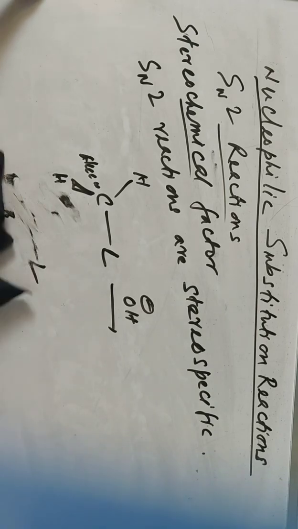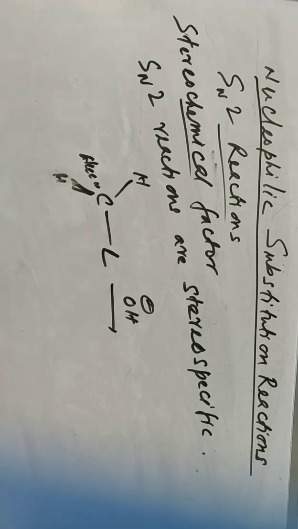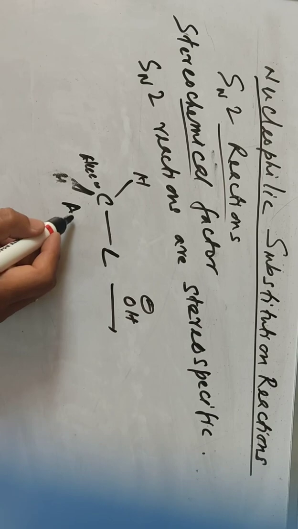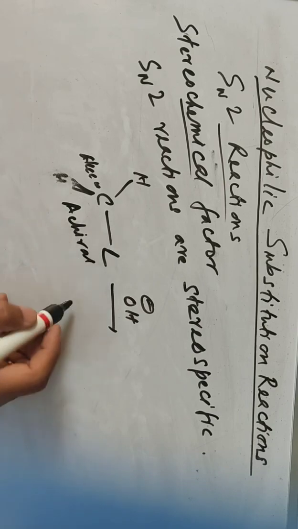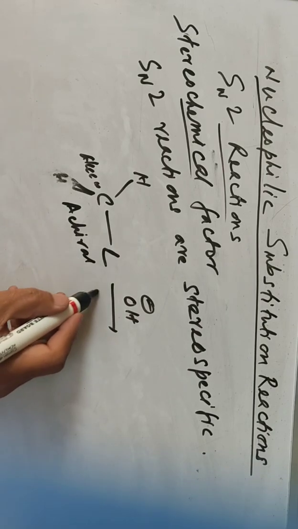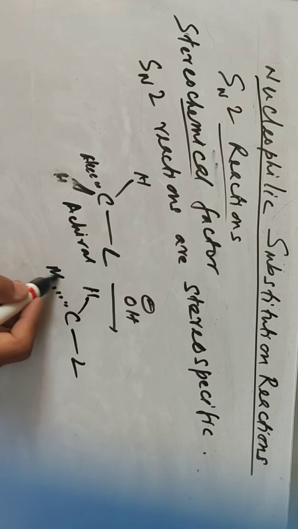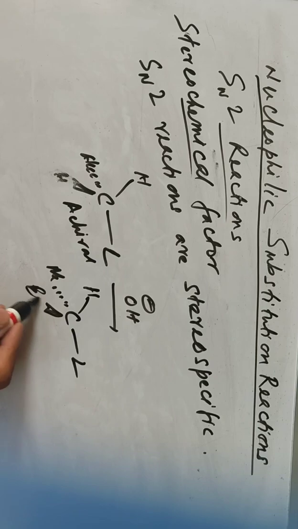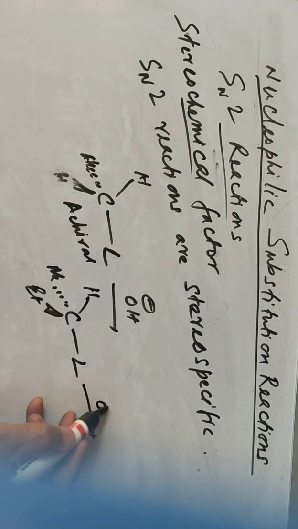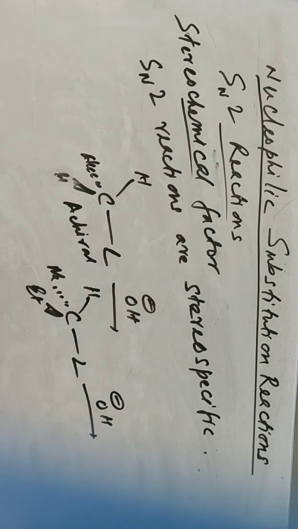Here you can see this is a chiral center. I will show you another one, chiral, with hydrogen and the leaving group. All the substituents are different: methyl groups, ethyl groups, and so on, with the OH group here. So here also, the same case.